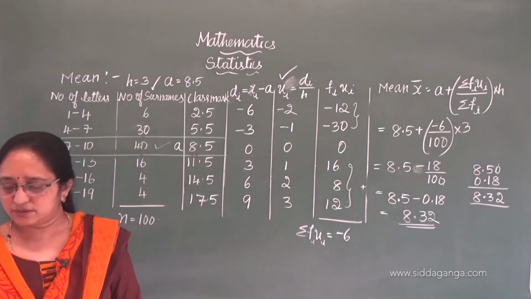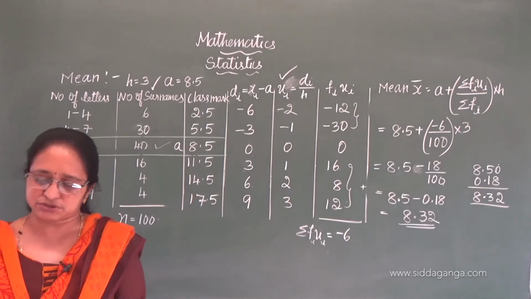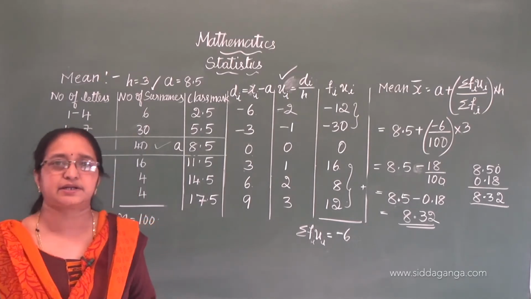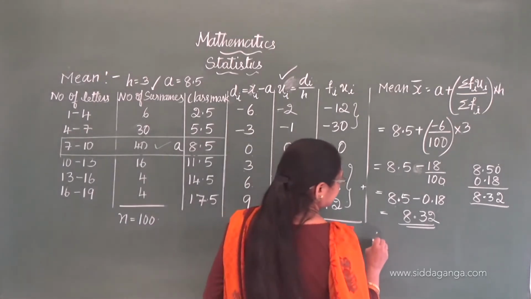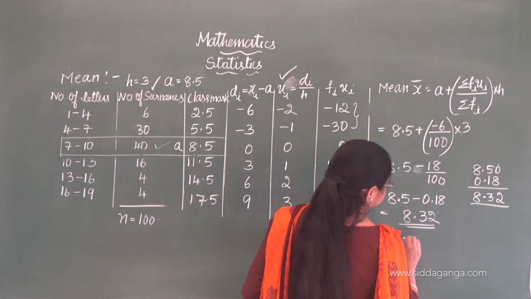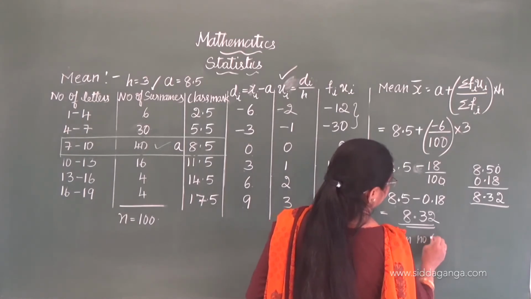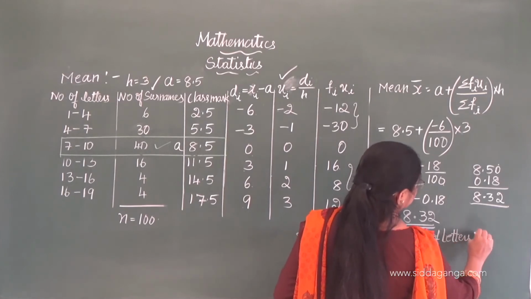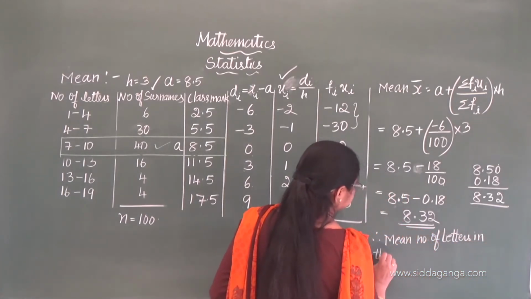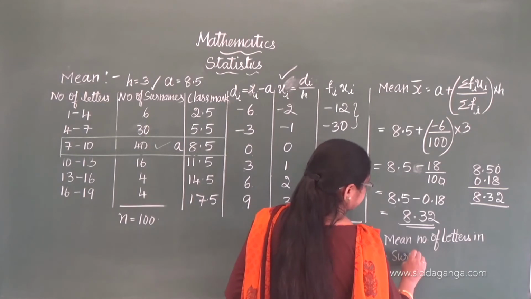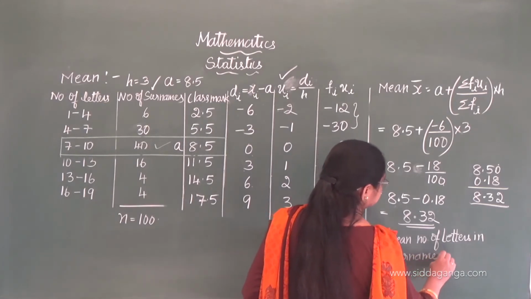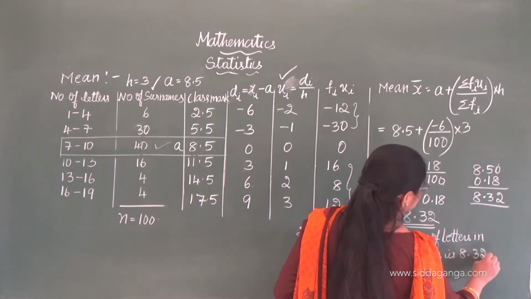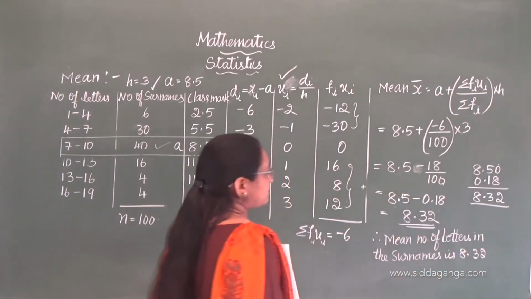So you write according to the textbook, see the question and write. Find the mean number of letters in the surnames. So therefore, mean number of letters in the surnames is 8.32. Okay, 8.32.